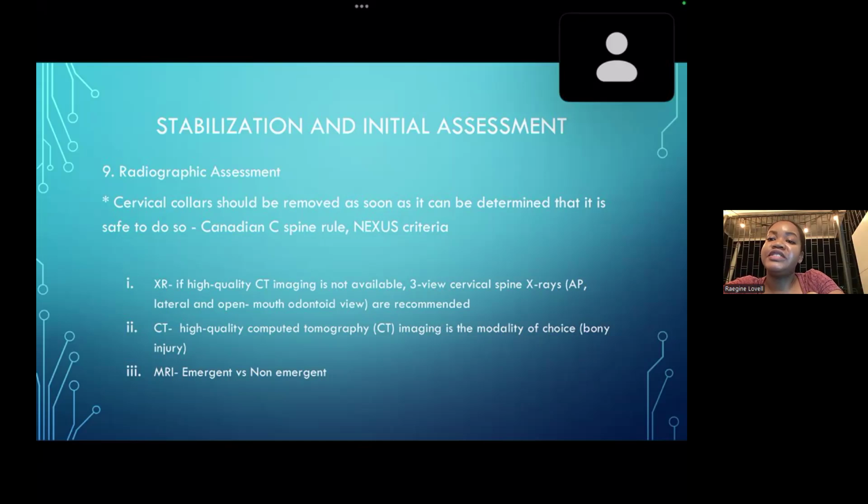If high quality CT imaging is not available, the goal should be 3-view cervical spine x-ray, so AP, lateral, and open mouth odontoid view. CT is the imaging of choice, especially for bony injury, and then MRI can be utilized if it is available and dependent on the agency.